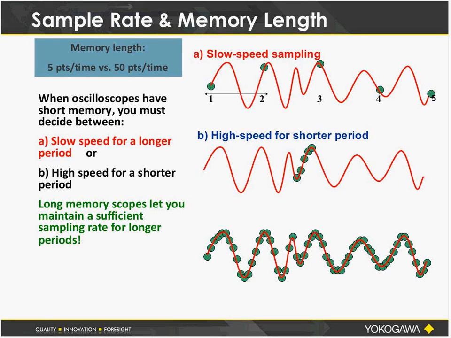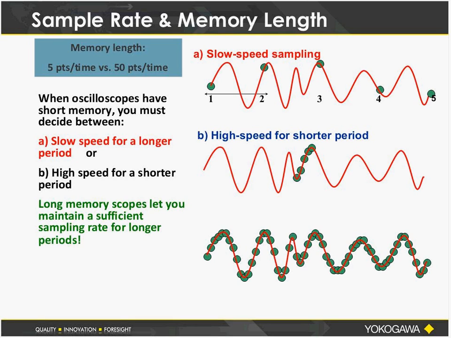As an example of this, let's say, again, we're trying to measure the red waveform, the red trace, and we are dealing with 2 instruments. The first instrument only has 5 points of memory. Well, if you have 5 points of memory, then you have to choose to spread out those 5 points over the entire observation period, or you have to choose to use those 5 points for a shorter observation period to get the detail that you want, to get this higher sample rate.